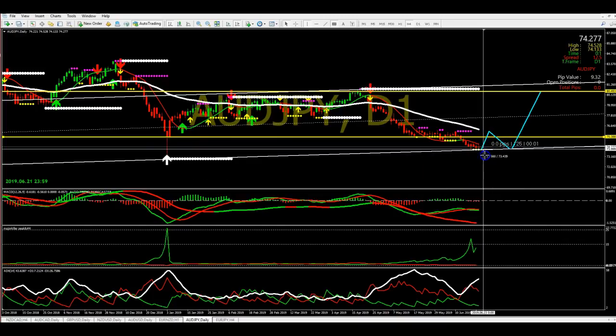That's why I put the line there, and then our idea is to go back to our previous high. If it does go our way, we're talking about 641 pips. That's huge, that could be your vacation.